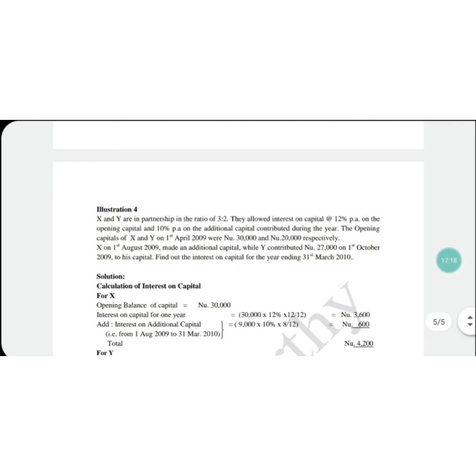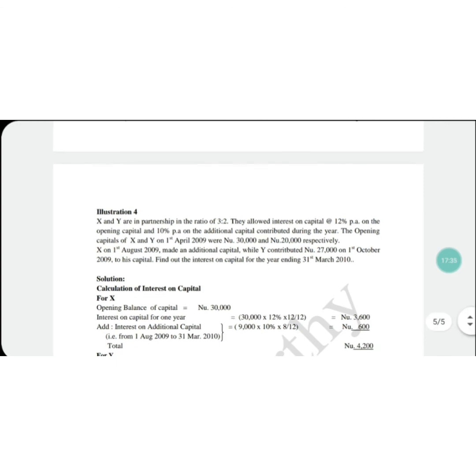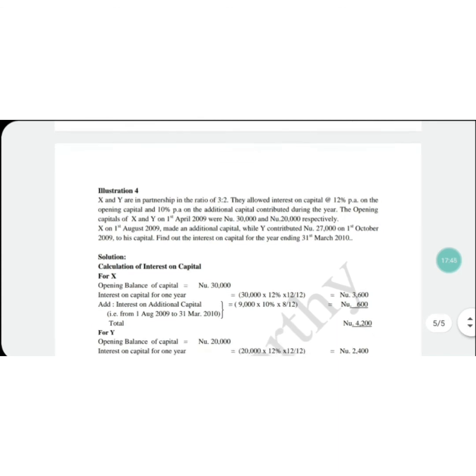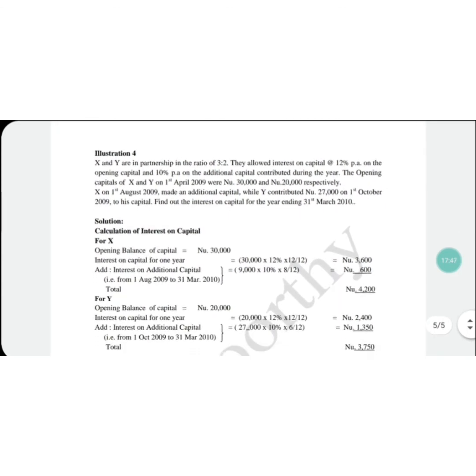And the interest on additional capital made by X from 1st August 2009 to 31st March 2010: August, September, October, November, December, January, February, March, it comes to 8 months. 9,000 times 10% times 8 divided by 12 comes to 600. The total interest on capital for X comes to 4,200.